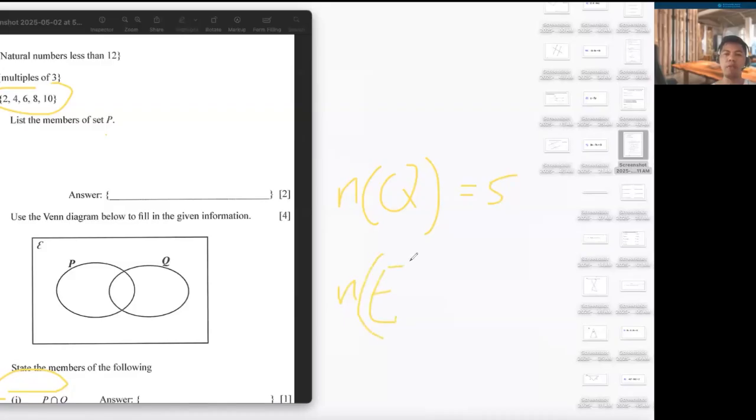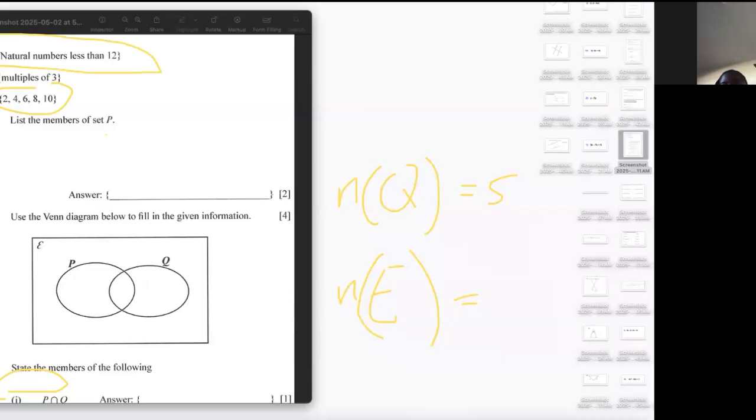How many elements do we have in E? We start with 1, right? The answer is 11.